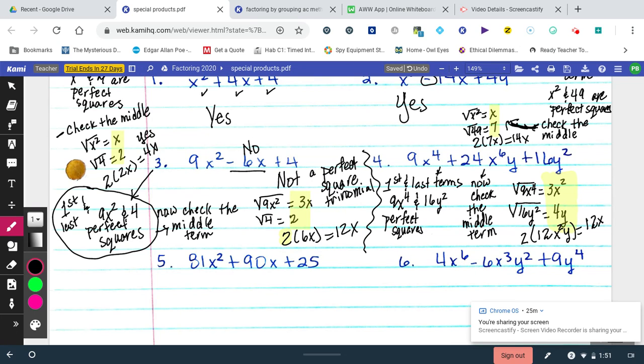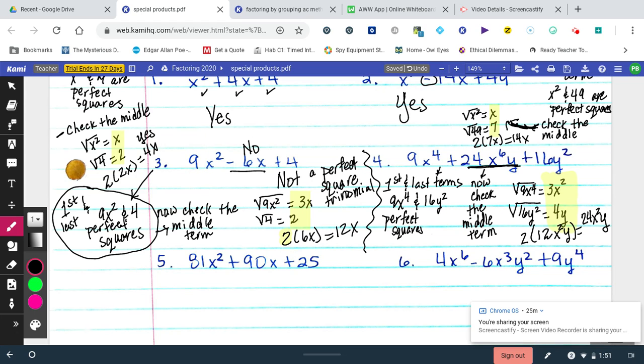I'm sorry, guys. It needs to be 24x squared y. So is the middle term 24x squared y? No, the middle term is 24x to the 6y.